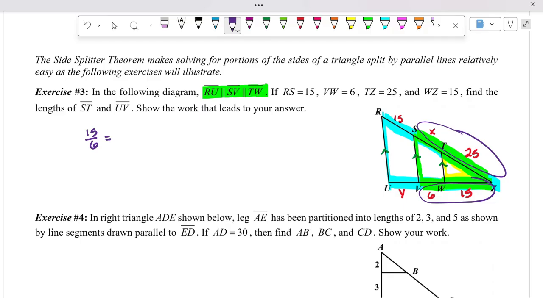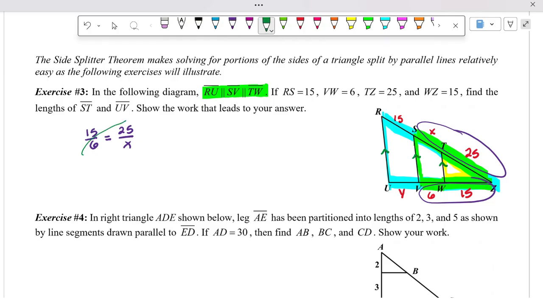Someone else. Not quite. Make sure you keep the same sides together. 25 over x. So 25 and 15 are both the top, so I got to use them on top. X and 6 are both the bottom part, so I got to use them on the bottom. Make sure you keep that consistent.